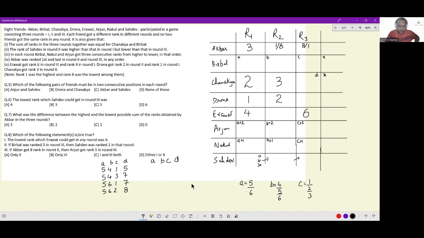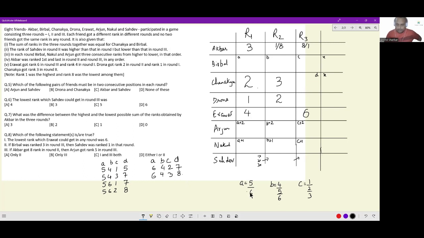So 6, 4, 1 as a pairing is not possible. How about 6, 4, 2? This is 6, this is 4, this is 2. 12 is taken up, so D would need to be 7. Okay, this is understandable. How about 6, 4, 3? 6, 4, 3 would mean D would have to take up a value of 8.